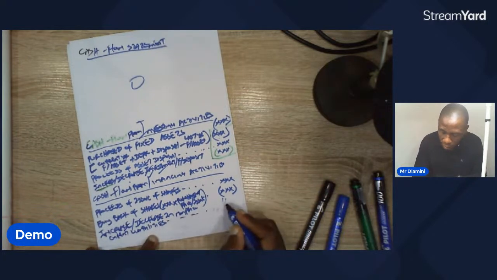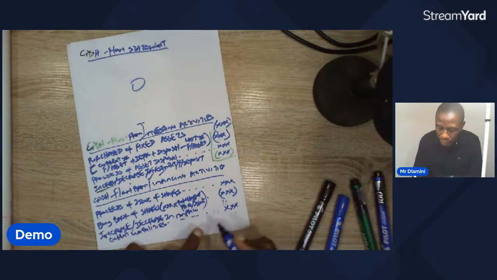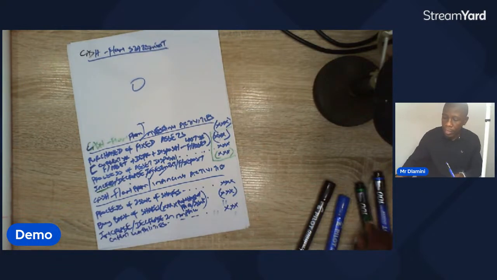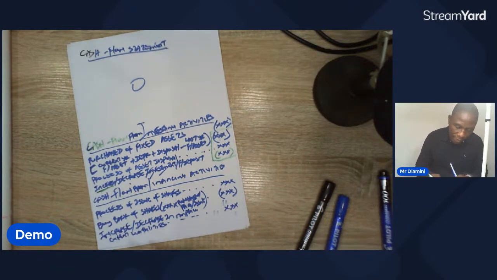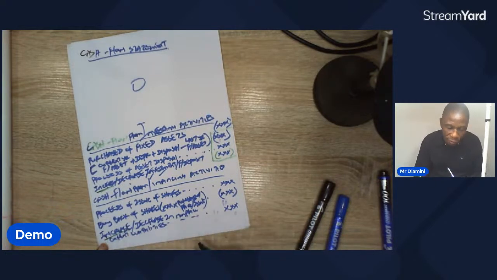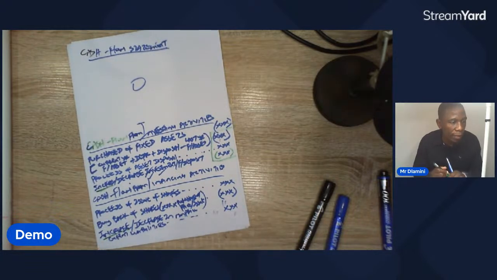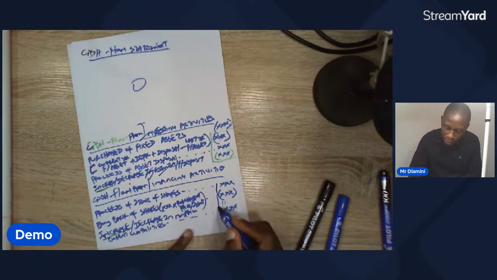Let's say in this case we have an increase in non-current liability. If it's an increase, the figure is positive. If it's a decrease, which means we are paying a loan, the figure must be in brackets. So now you are done.